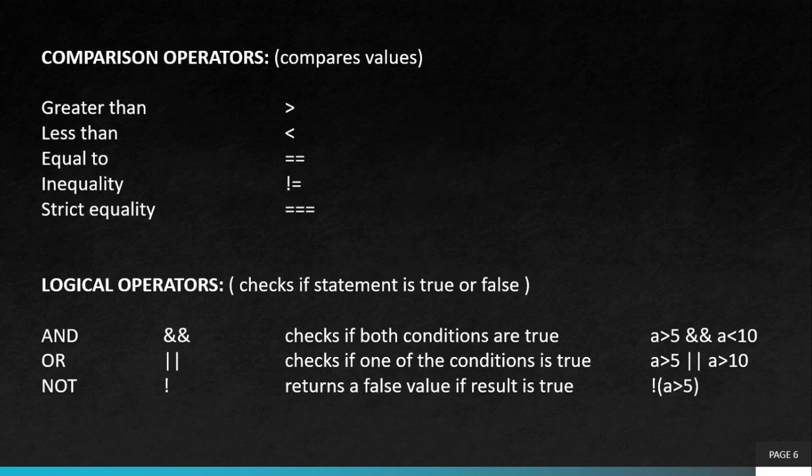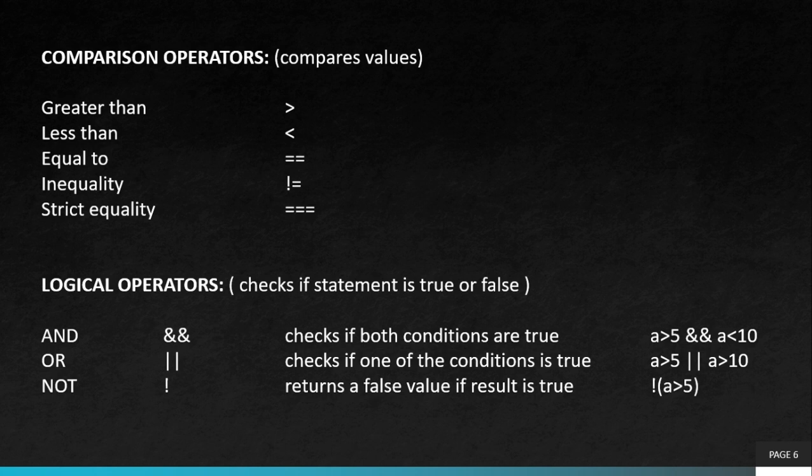Then we also have logical operators. This one checks if the statement or the condition being written is true, right? We have the and, the or, and the not. Just like logic gates, the and is true if both conditions are true.